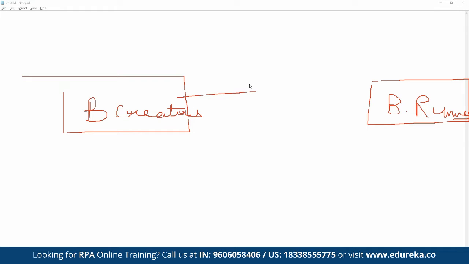We know that they cannot directly integrate with each other, so the request is going to flow from the control room, and it is going to respond back using the control room as well. That exactly is what we can define as part of the Automation Anywhere architecture.